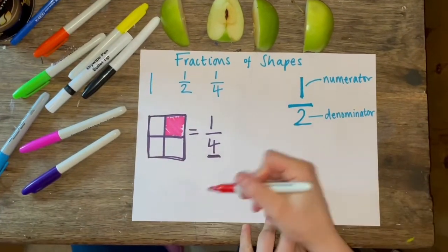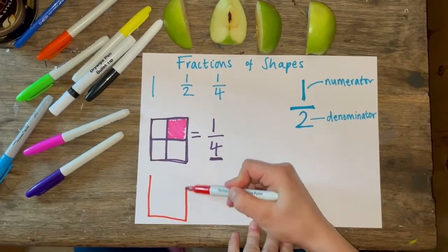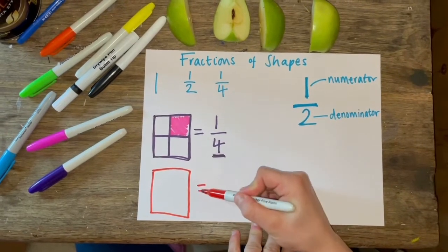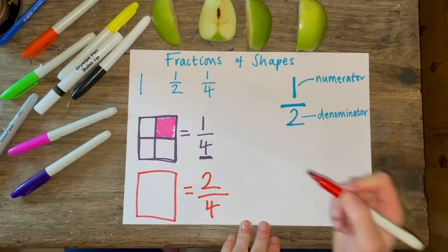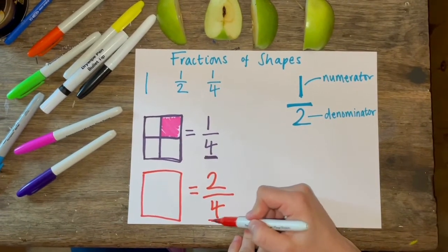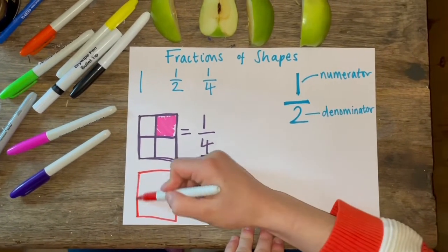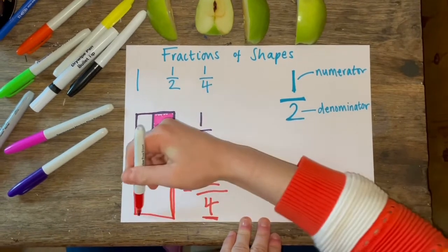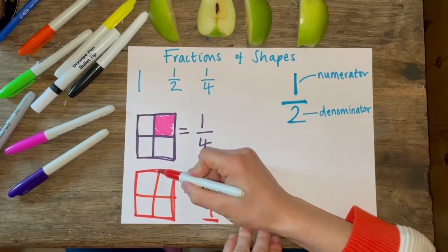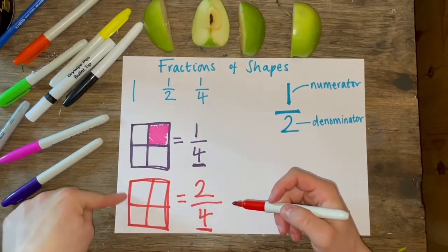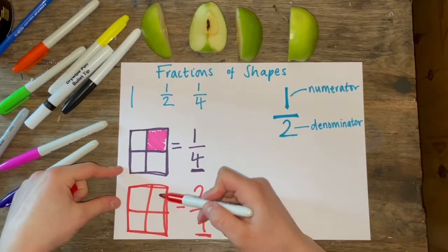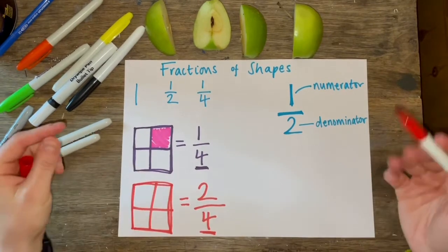If I've got a box of chocolate or a chocolate bar here, and I have got 2 quarters. So the denominator tells us that in this chocolate bar, there are 4 slices. So the denominator tells us how many cubes of chocolate there are. 1, 2, 3, 4 quarters.